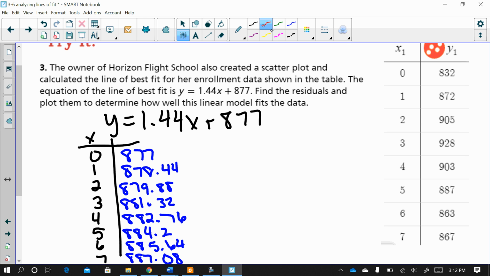Okay. So now I'm going to do y1 minus the predicted. Okay, so y1 is right here.